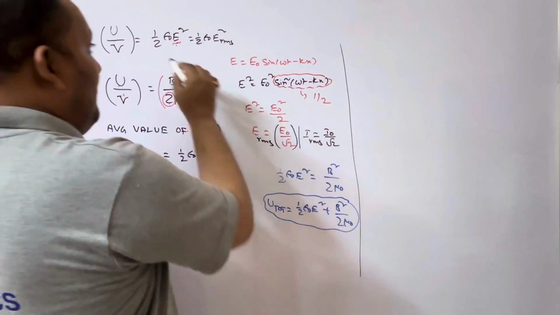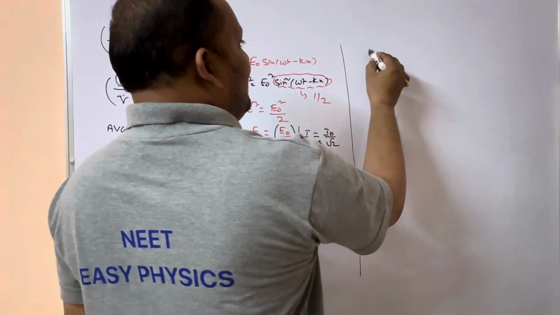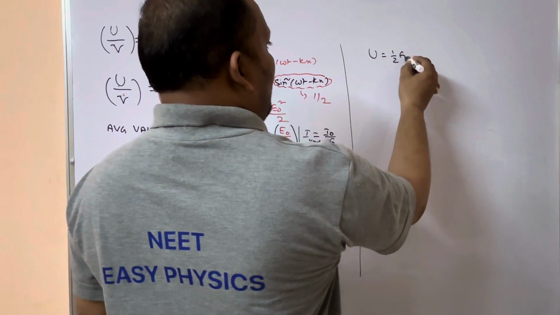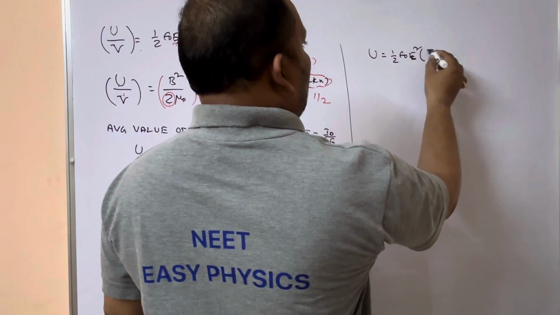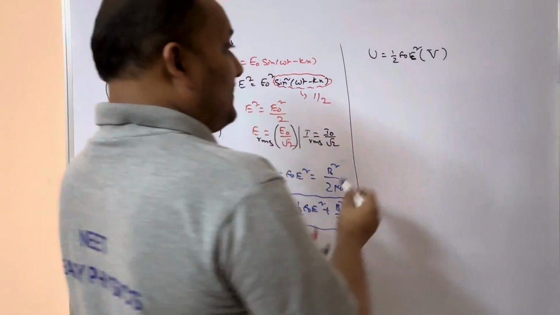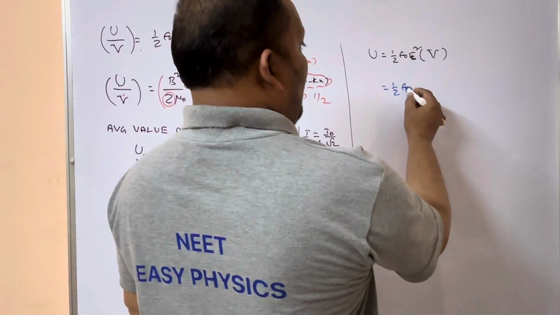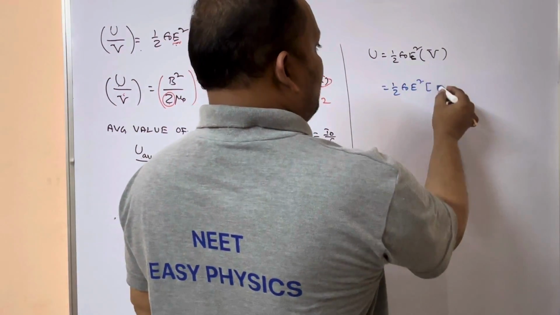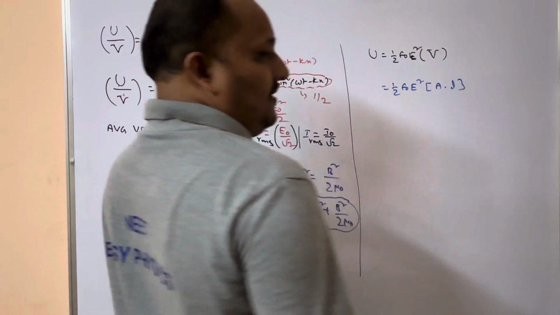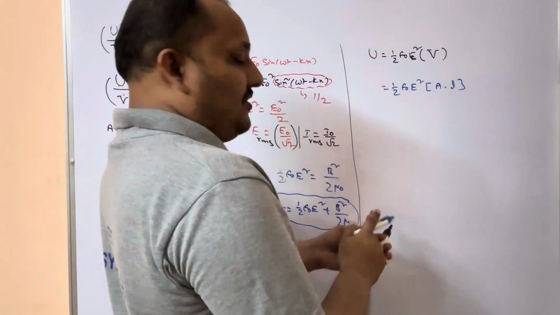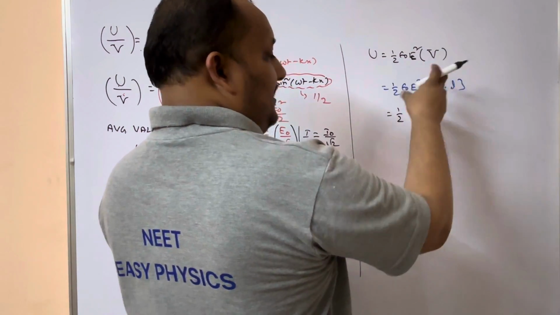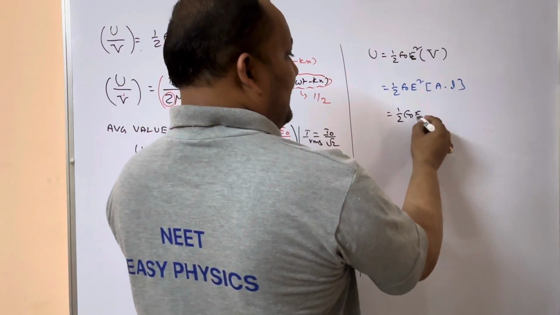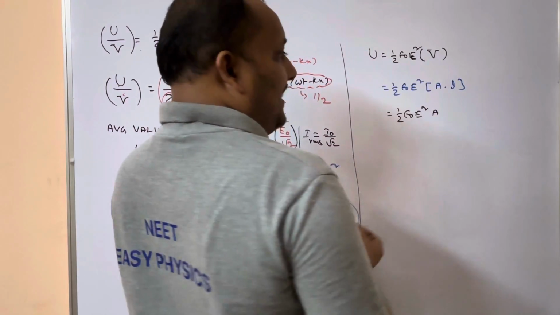Next, from this equation, what is the energy they will ask? It is ε₀E² into volume. The volume can be replaced by area into length. How much area it is going to occupy whenever the EM wave is incident: ε₀E² into area.